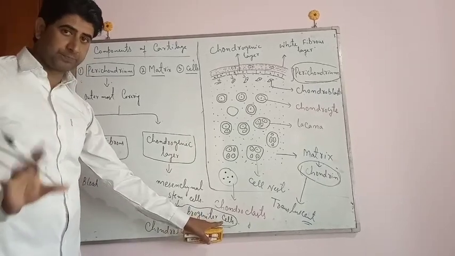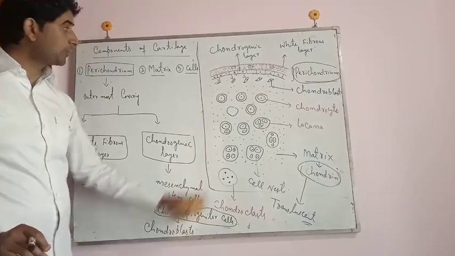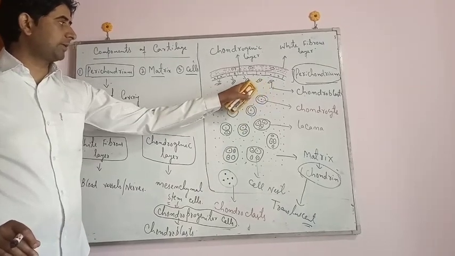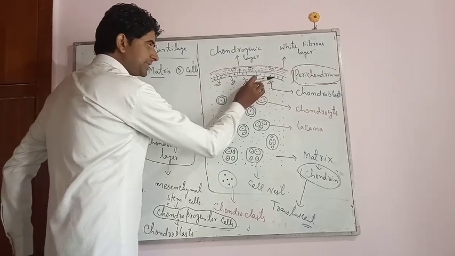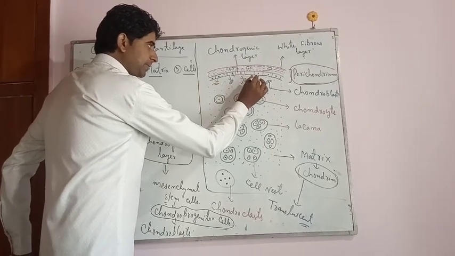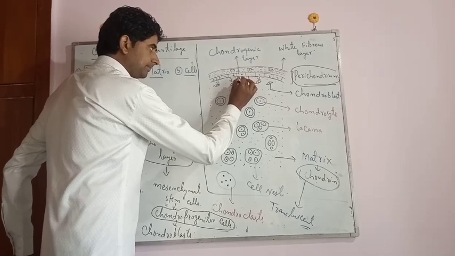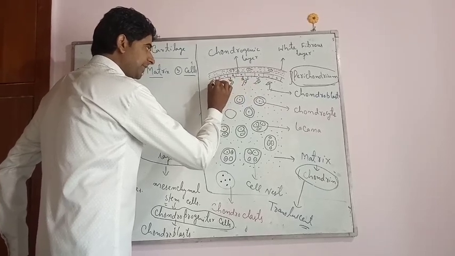upon division produce chondroblasts. These ones are the chondroblasts. So these cells, the chondroblasts, arise from these stem cells upon mitotic division.